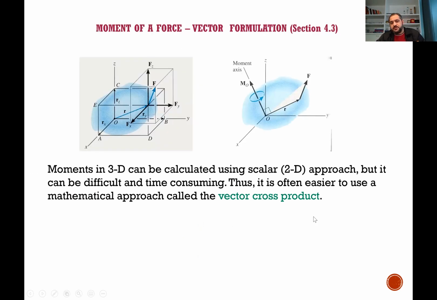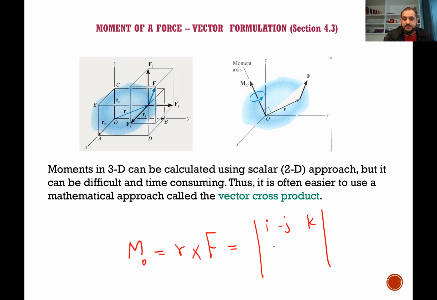This is when we have two vectors normally. Now, how to apply this one? We will use a moment here. As I mentioned, it will equal r cross product with F, and this will equal the determinant of i, j, k again, right? Then what we have here is r: rx, ry, and rz.